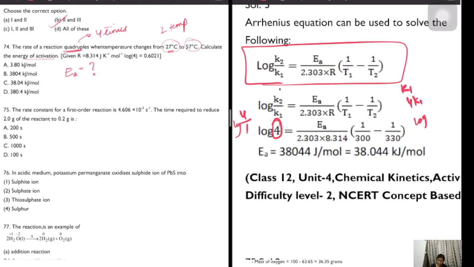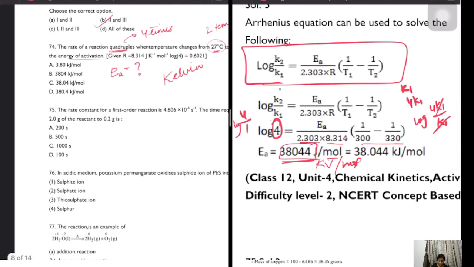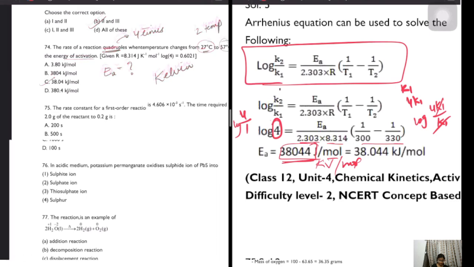So it would be log 4K1 upon K1, that is log 4, equals Ea upon 2.303 into 8.314, which is already given to us. And we will substitute the temperature always in kelvins. Upon solving, we get this answer which will be converted to kilojoule per mole. Always notice the units given in the options. So the correct answer is C.